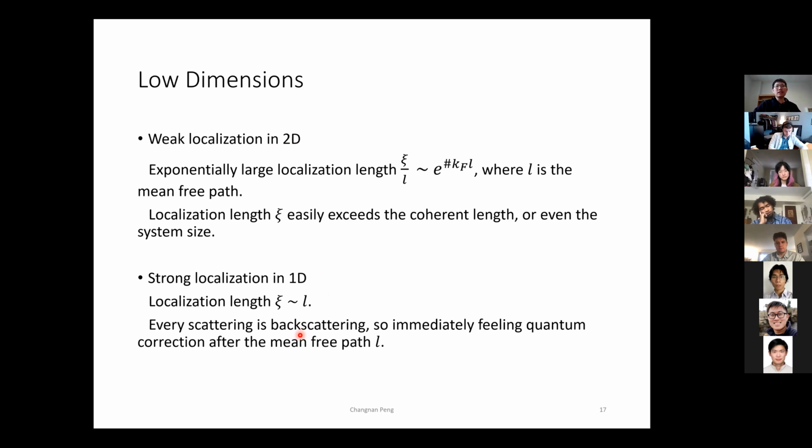We can easily see that because in 1D, every scattering is backscattering. So in 1D, if we are not moving forward, we are moving backwards. So an electron immediately feels this quantum correction of backscattering after the mean free path. So that's why in 1D we have very strong localization.